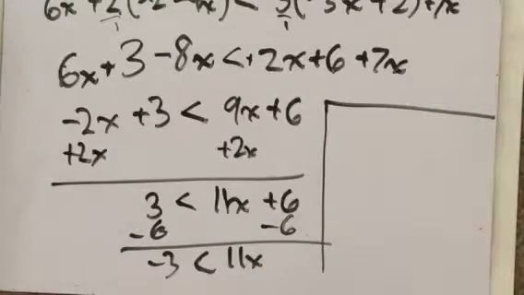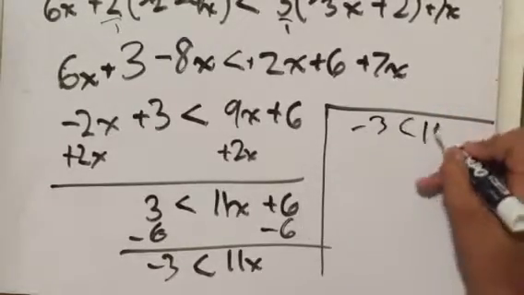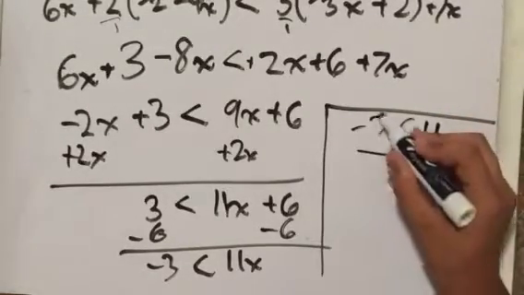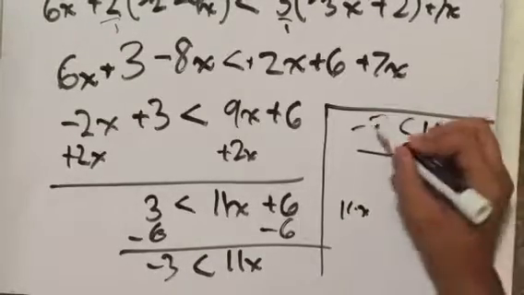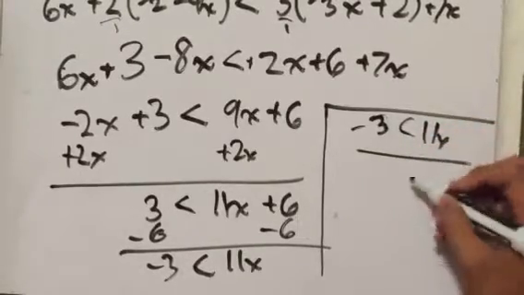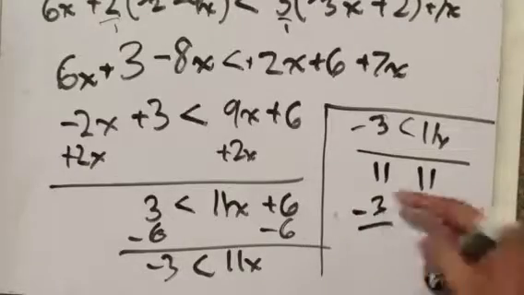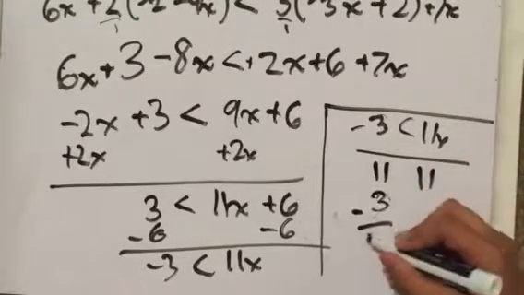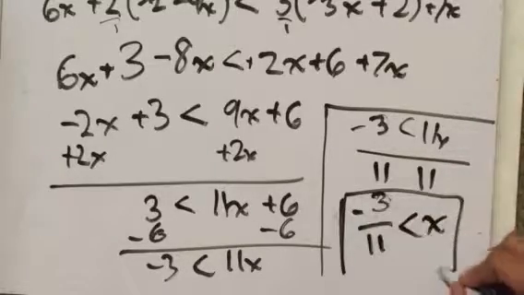And what we want to do now is take negative 3 less than 11x, and since it's 11 times x, we want to use the opposite, the inverse operation of multiplication, which is division. So divide both sides by 11, and you get negative 3 over 11 is less than x, and that is the final answer.